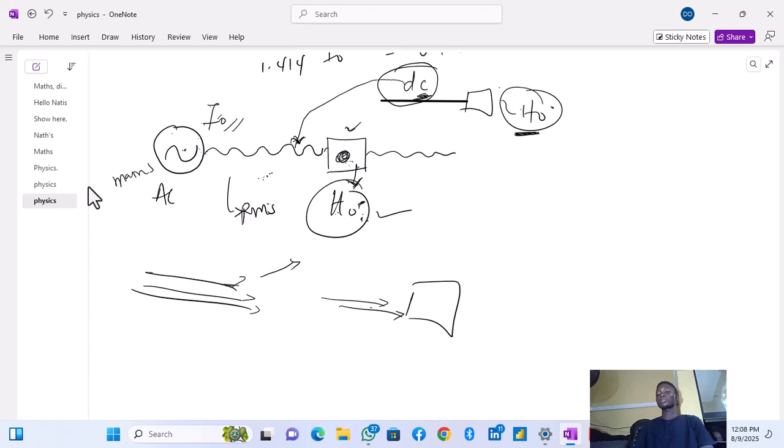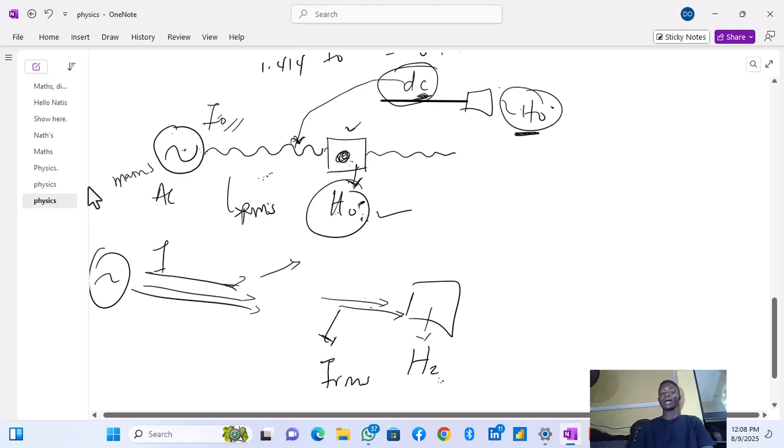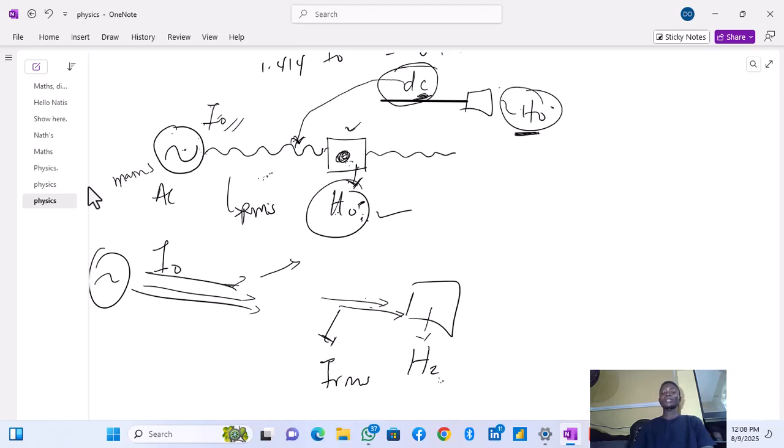So the 2 that reach this guy produce a heating effect, let's say H2. So this that is producing the heating effect H2 is the IRMS, while this that is coming from the mains is the what? I0, the peak current. So along the line, some are lost, but these 2 were able to reach and produce the heat H2.